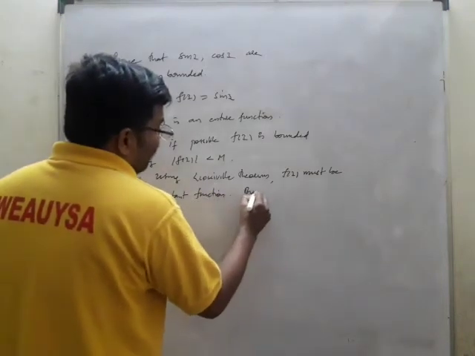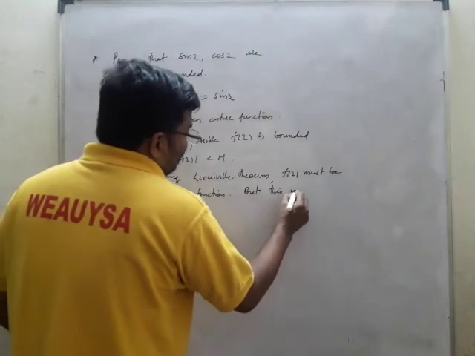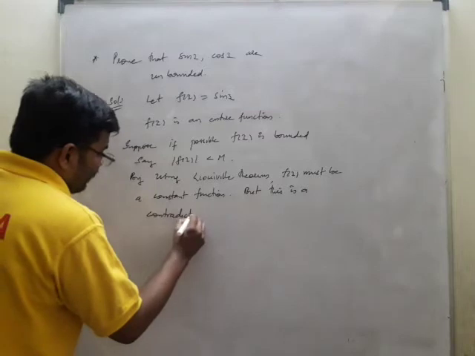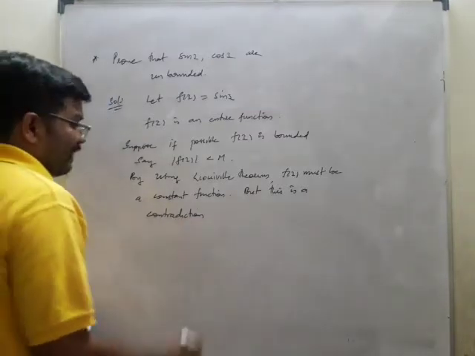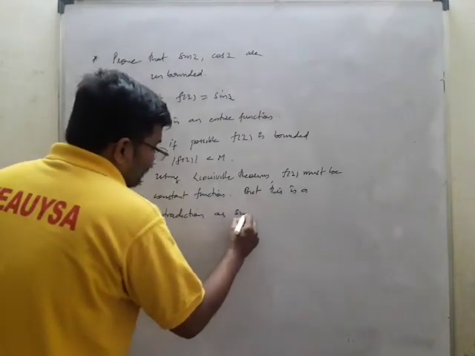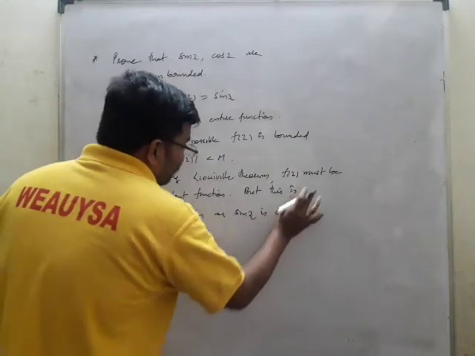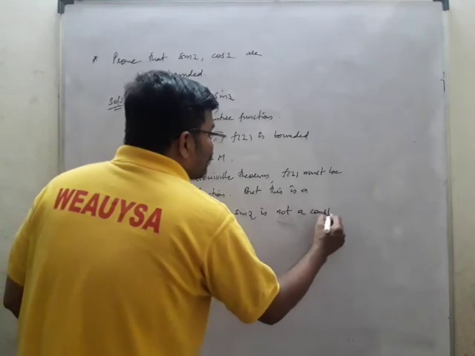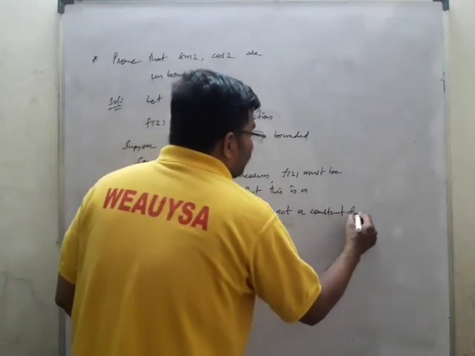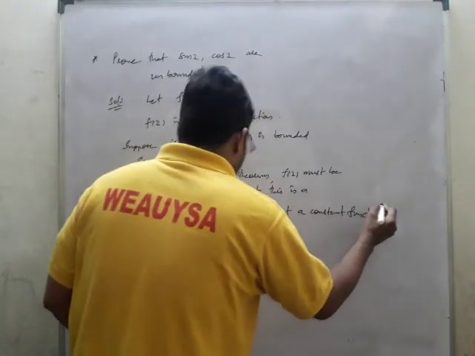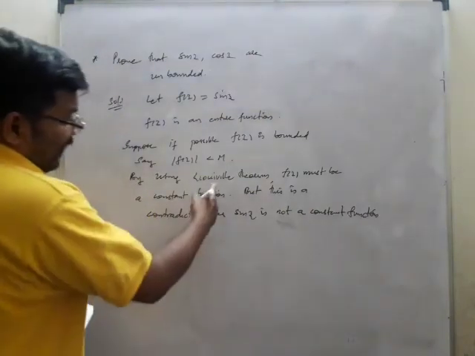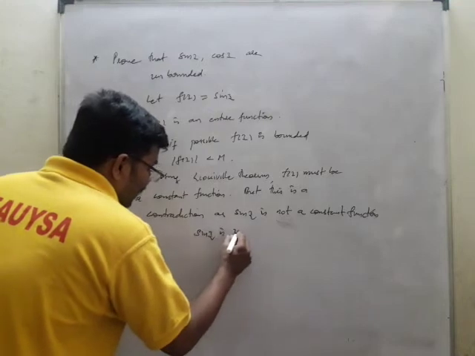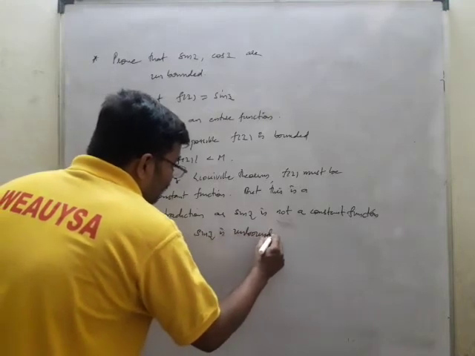But this is a contradiction, as sin z is not a constant function. Since sin z is not a constant function, we cannot achieve this. Therefore we can say that sin z is unbounded.